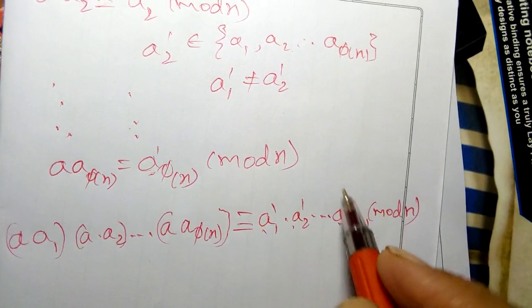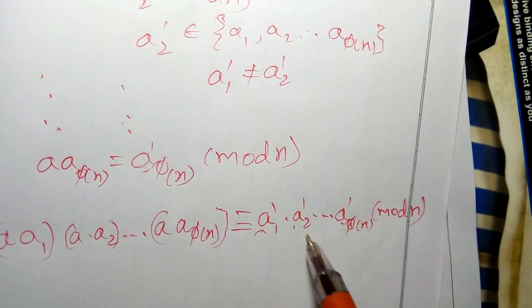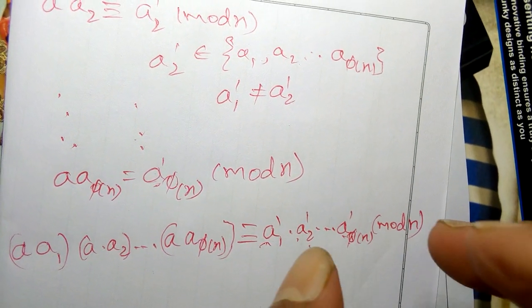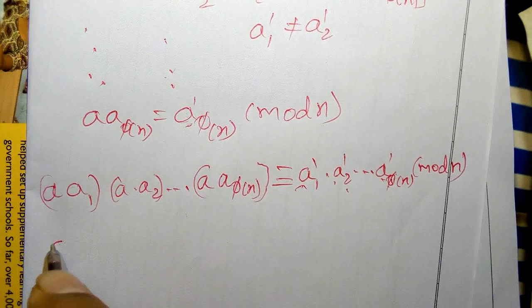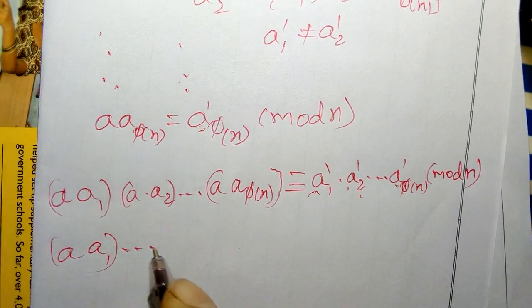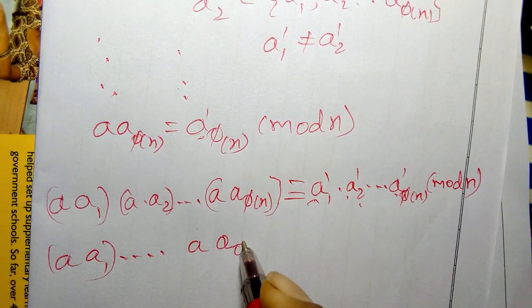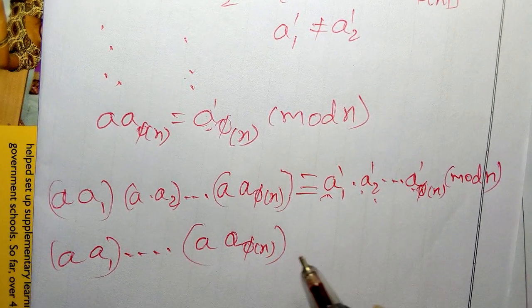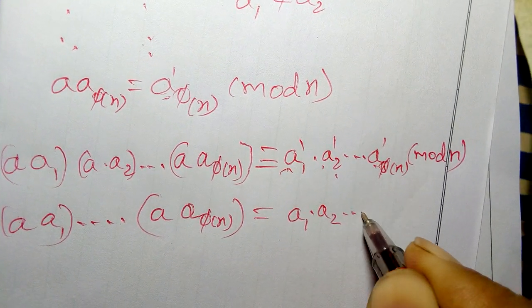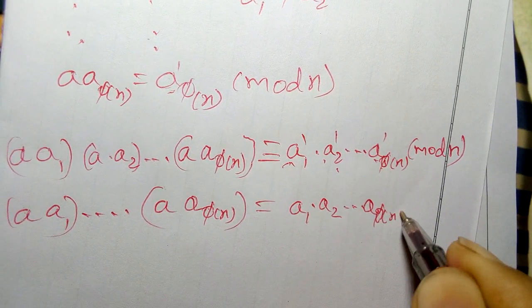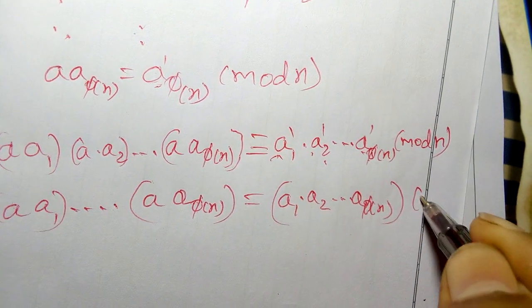So a·a1 up to a·a phi of n is congruent to a1, a2 up to a phi of n mod n.